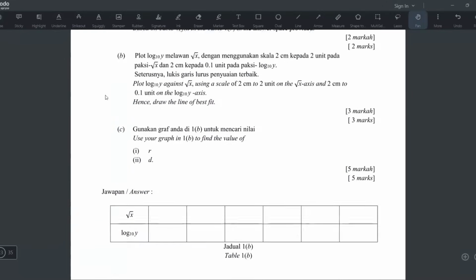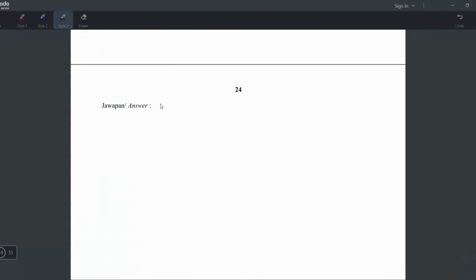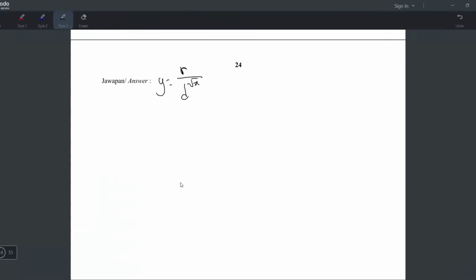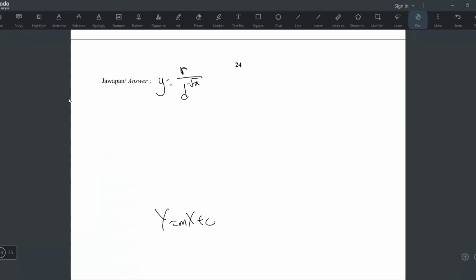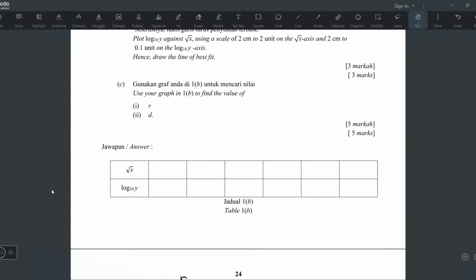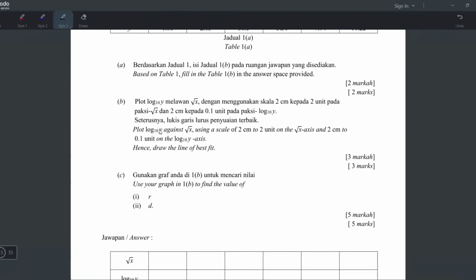The equation is y equals r over d to the power of negative square root x. Okay, let's change to linear form. When we change to linear form, it means we want to change it to y equals mx plus c. But you have to make sure your y-axis from the equation matches with the y-axis from the graph. And if you want to know the y-axis in the graph, you can look at this. They will tell you what is against what.